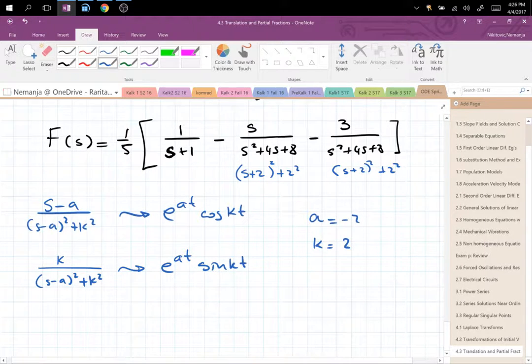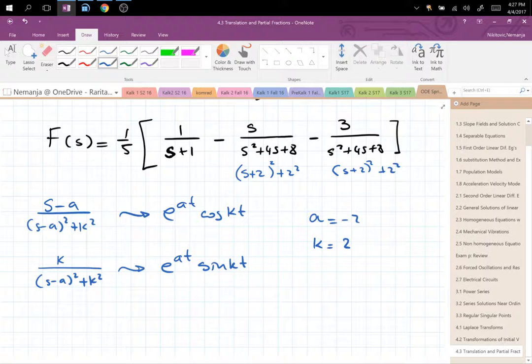So now you have to match this with what you have up there. Clearly you have 3 over here on these, and over here you're going to have some extra stuff as well. So we have to figure out what to do with all of those. I need s minus a.